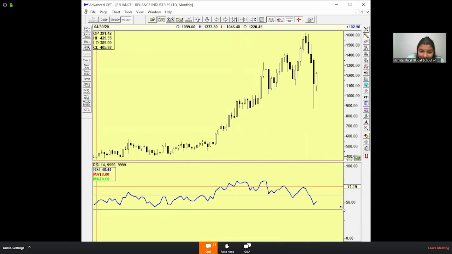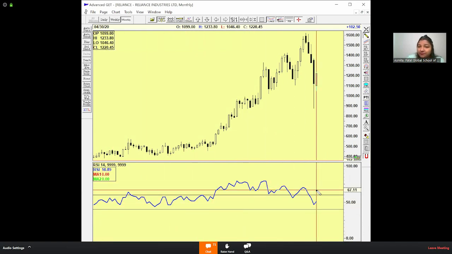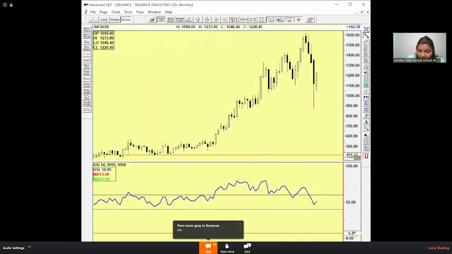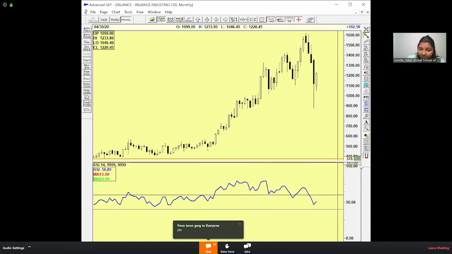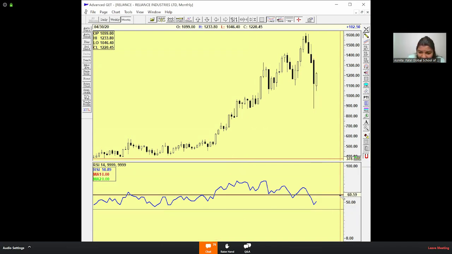The first step. Let's say all three time frames are in a downtrend. So monthly is downtrend, weekly is downtrend, and daily is also downtrend. First, which time frame will start going up? Daily.